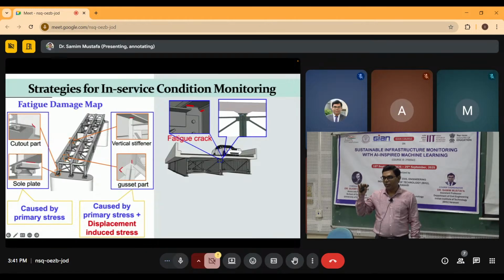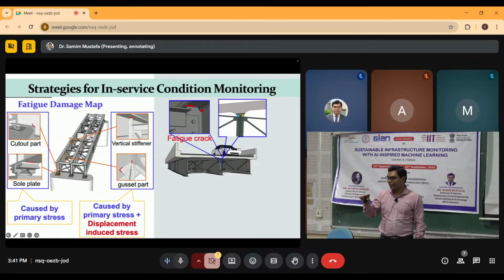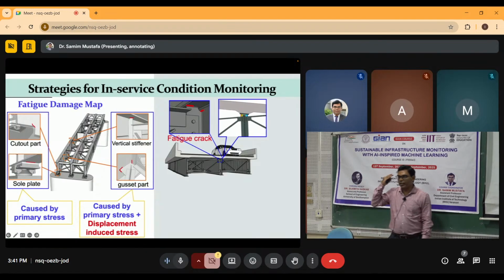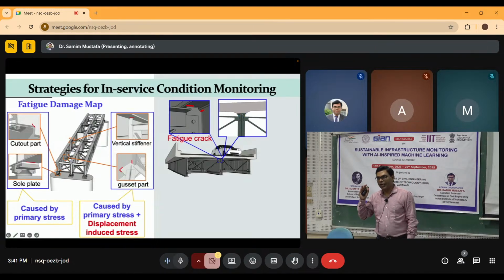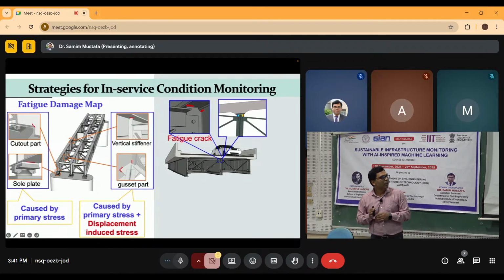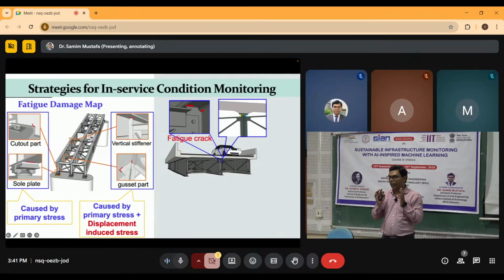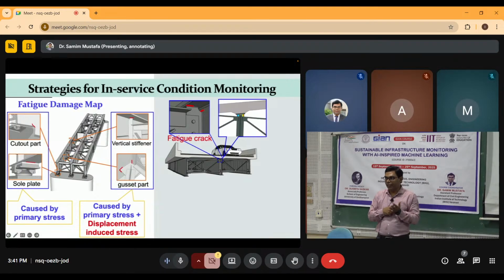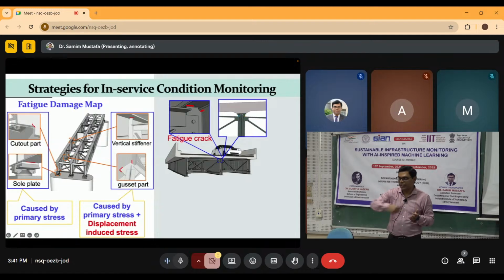So suppose you know how many vehicles are running over a particular bridge. Of course, the vehicle information or vehicle data needs to be collected, and also the demand on the bridge is increasing year by year, because the number of vehicles is also increasing. But if you install sensors and detect the number of vehicles moving, and not only the number but the weight of the vehicle also needs to be identified, because then only you can identify how much deformation is occurring.